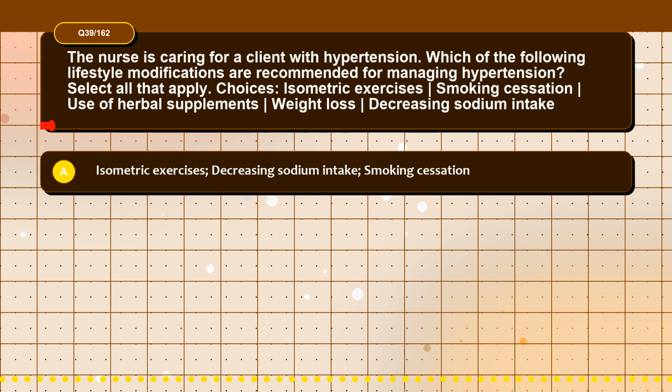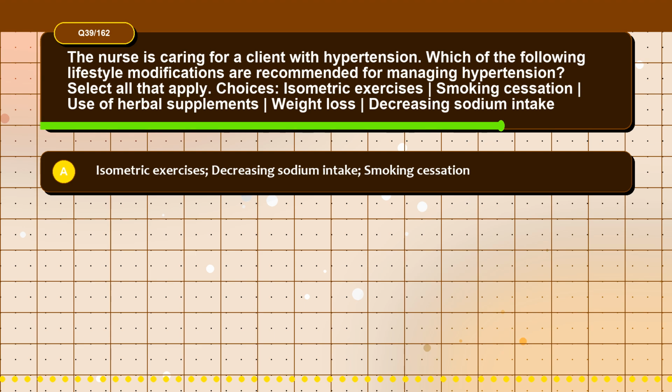Question 39. The nurse is caring for a client with hypertension. Which of the following lifestyle modifications are recommended for managing hypertension? Select all that apply. Choices: isometric exercises, smoking cessation, use of herbal supplements, weight loss, decreasing sodium intake. Here are the options.